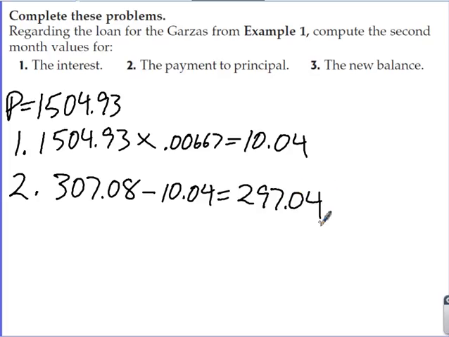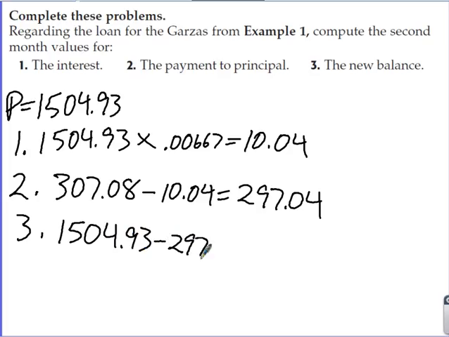And number 3, the new balance. Take your previous balance of 1504.93, subtract 297.04. You should come up with 1,207.89.